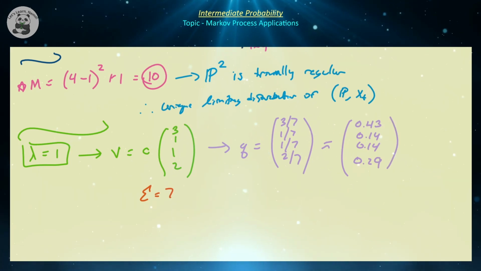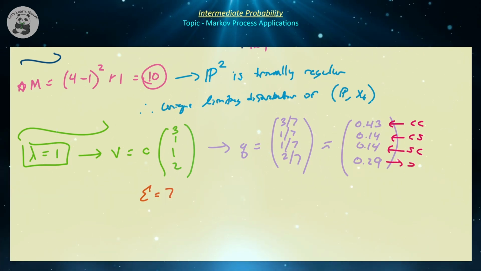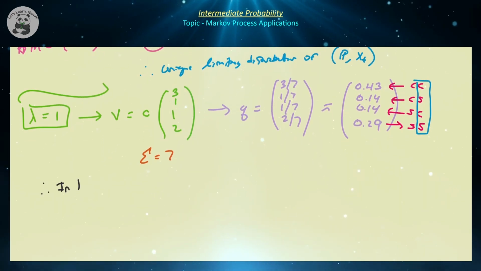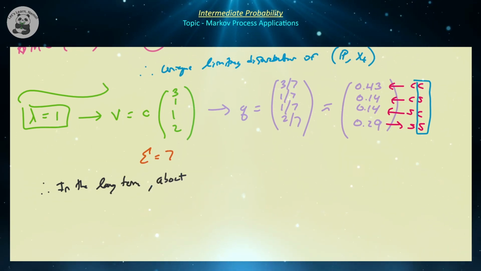Approximately, right? So what do we exactly interpret this as? So keep in mind this first row corresponds to CC, then CS, then SC, and then SS, and the day of reference obviously is going to be the last day. So how can we interpret this limiting distribution? So that means in the long term of weather, let's focus on sunshine. So sunshine is going to be row 2 and row 4 of this.